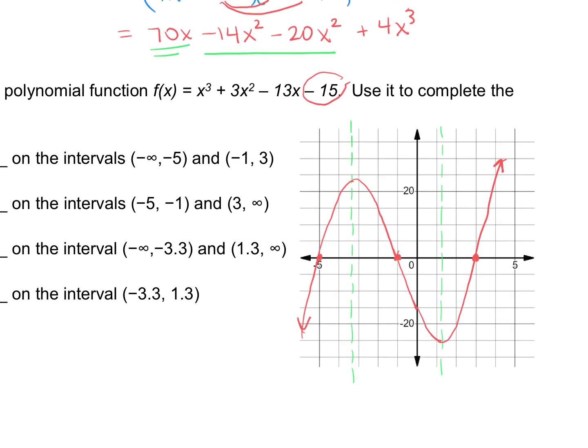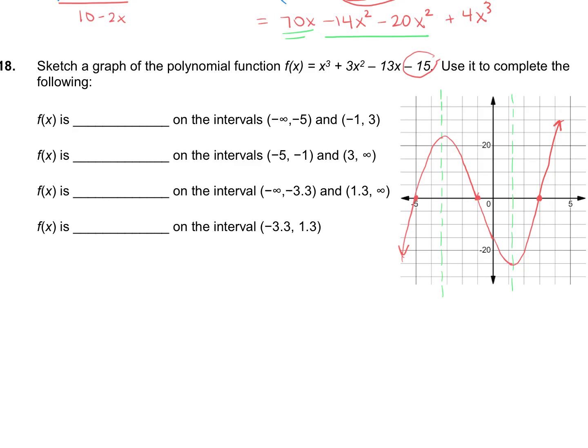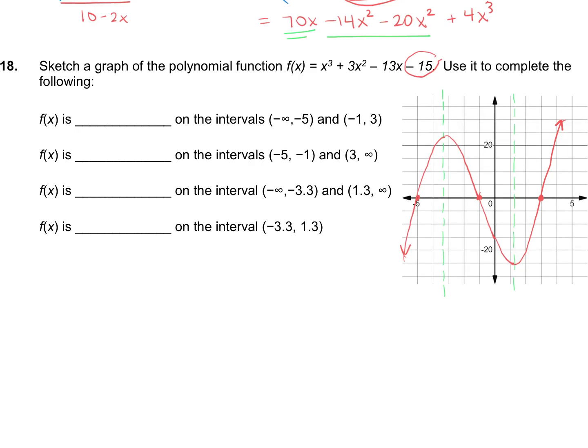So when we look at our intervals, do you see how we're using those 3, -1, -5, and then this one also, here's a 3, -1, -5. That's going to have our graph go between being positive and negative.